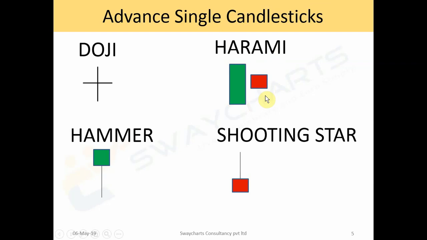Now harami in Japanese terms means pregnancy, and if you see in this big candle, you can see that this is like a baby to this candle, and that is the reason why this type of formation in candlesticks is termed as harami, right? And then comes the hammer, which we have seen during the candlestick progression as well.